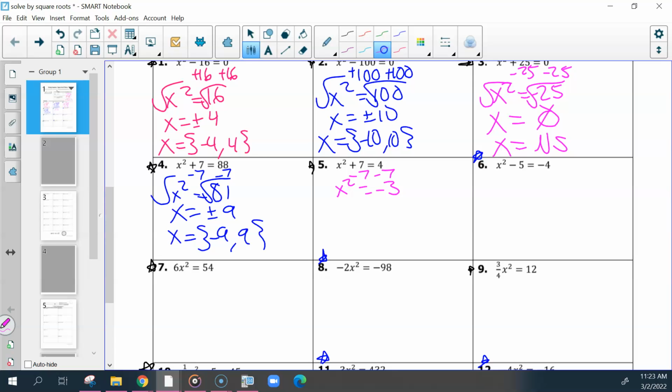It's no solution. So as soon as you see that you have a negative over here and your x squared is isolated, you can immediately jump to this is going to have no solution. You could go ahead and put it in your calculator, do the square root of negative 3, but you'll get that error message, which would also tell you it's no solution.